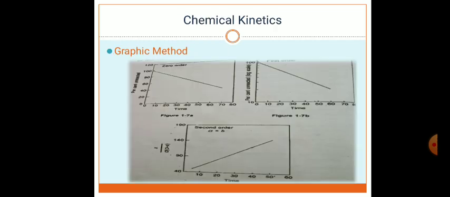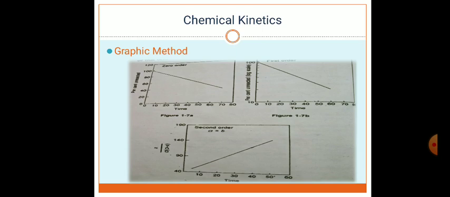First, graphic method. This is a pictorial method, and may be more reliable because deviations from the best fit line can be easily observed. Conduct the kinetic experiment and collect the data on the time course of changes in concentration of the reactants.